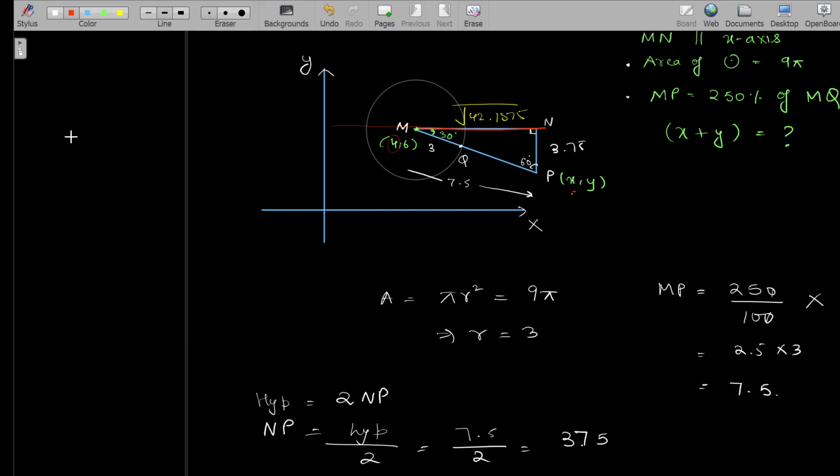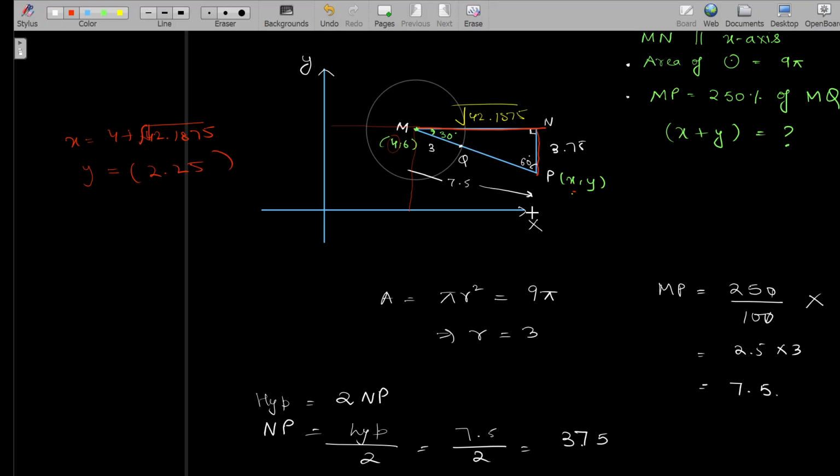So the x coordinate will be 4 plus the square root of 42.1875. And to find the y coordinate, you know that this whole length is 6, right? From 6, if you take out this length, then you will get this length, right? So you do 6 minus 3.75, and that will give you the y coordinate as 2.25.